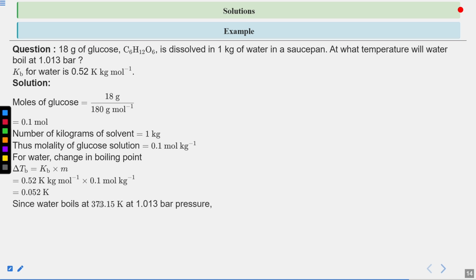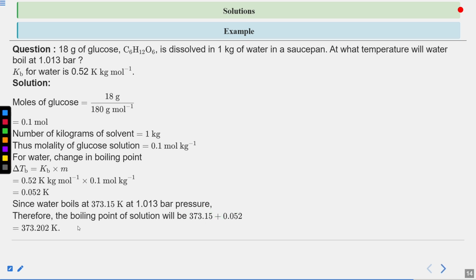Now, since water boils at 373.15 Kelvin, your new boiling point will be 373.15 plus 0.052. Therefore, the final temperature required for the boiling of the solution is 373.202 Kelvin.